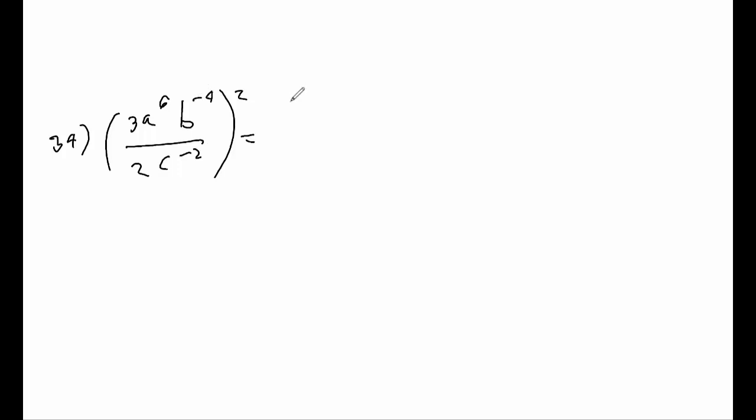So now let me do that. So I'll get 3a to the 6th, which I do not touch. I'll bring my c to the negative 2 upstairs and make that positive c to the positive 2 power. I'll leave my 2 alone here, but I will bring my b downstairs and make that to the positive 4 power, and then I will square it.